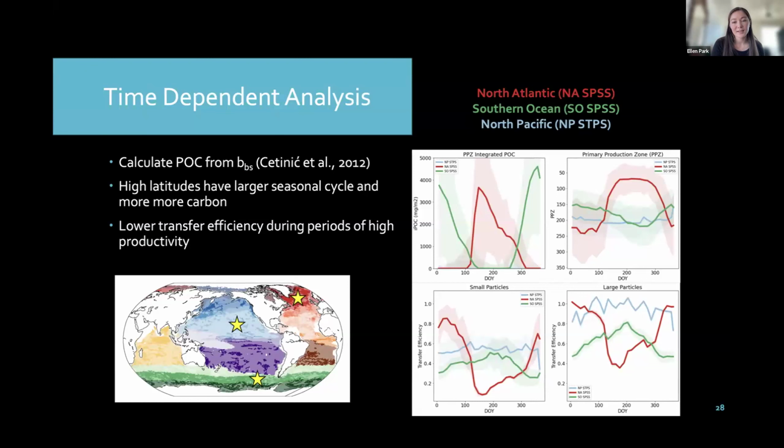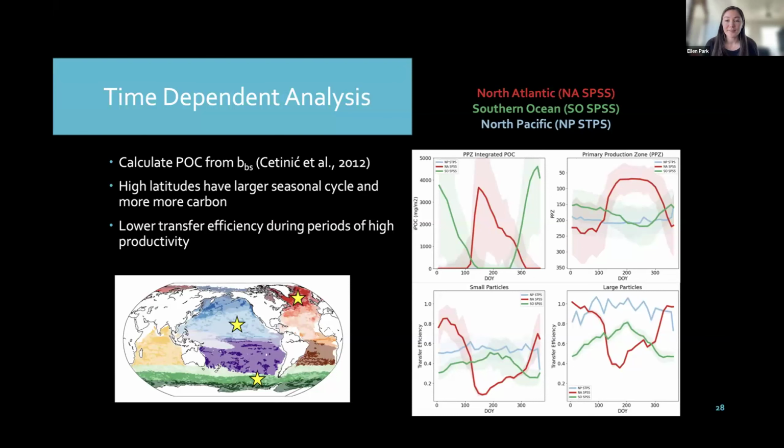We can see that in the North Atlantic in red and the Southern Ocean in green, we have periods of really high productivity where we're producing a lot of carbon in the surface ocean, and they're also out of phase because they're in opposite hemispheres. And then in the North Pacific, we don't see much variation or really a signal at all from the small particles because there's less carbon in the surface ocean there.